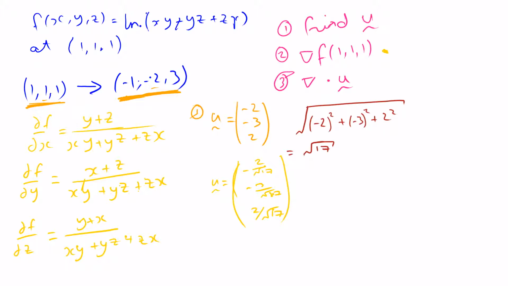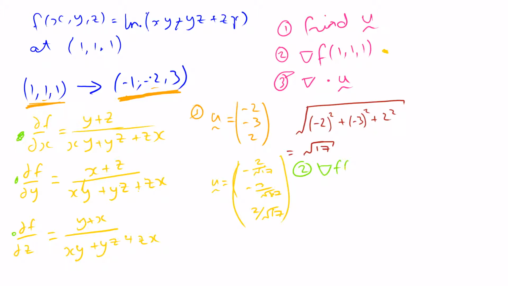The second step is to find the gradient. Now, grad f we know is the partial derivative with respect to x, partial derivative with respect to y, partial derivative with respect to z. We've already worked these out here on the left hand side, so all we're going to do is sub in the values 1, 1, 1.